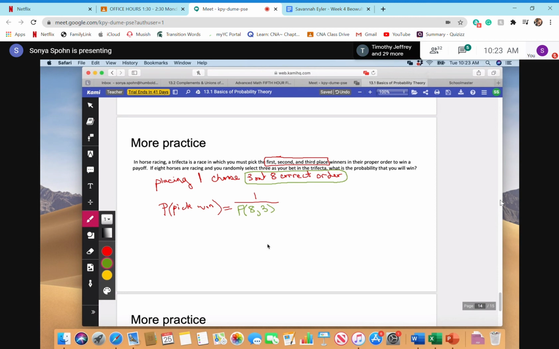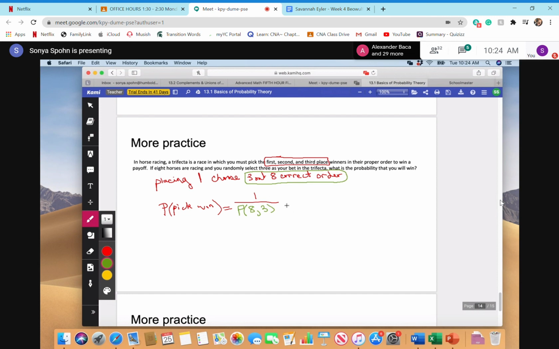And then we have to mathematically calculate that. You can put that in your calculator, if you remember how to do it, or use your Desmos. If you're doing a TI-84, you hit 8, the math button, and then go over to PRB, and then hit your permutation.